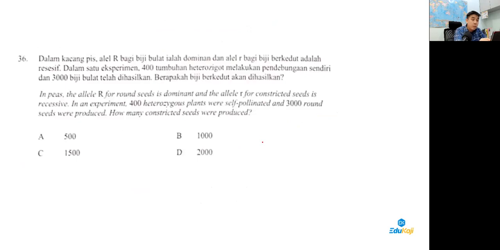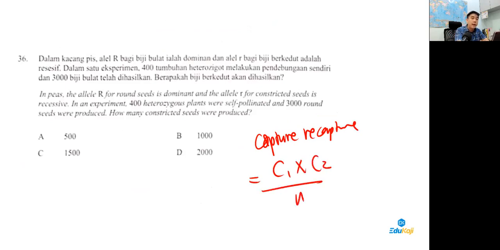And 36 is what we call capture. Recapture method. We use C1 multiply C2 over M2. First capture. No. Cannot. Oh, allele. Okay.